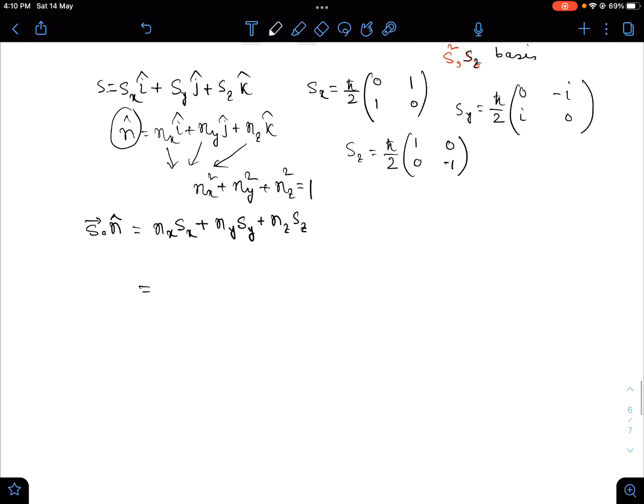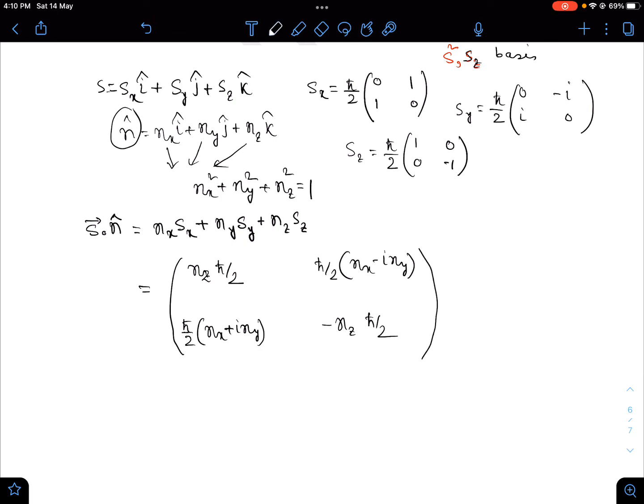So we will have nz h cut by 2 here, h cut by 2 times nx minus I ny here, minus nz h cut by 2 here, and h cut by 2 times nx plus I ny here.